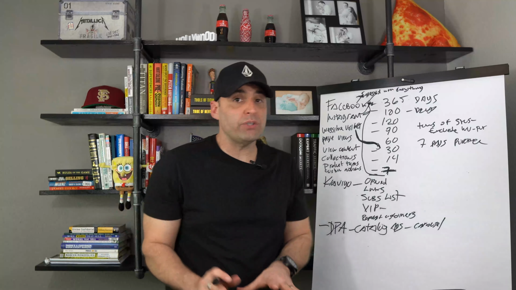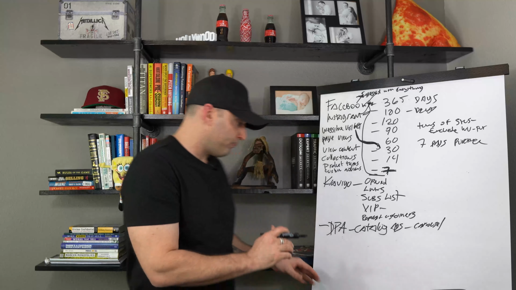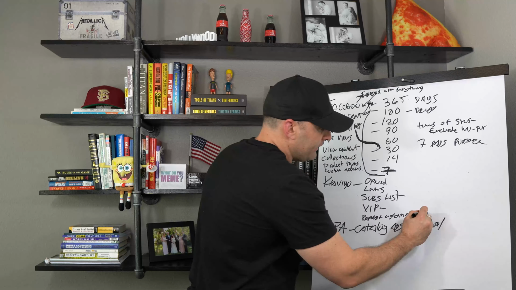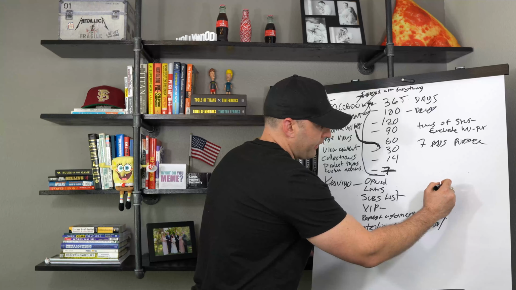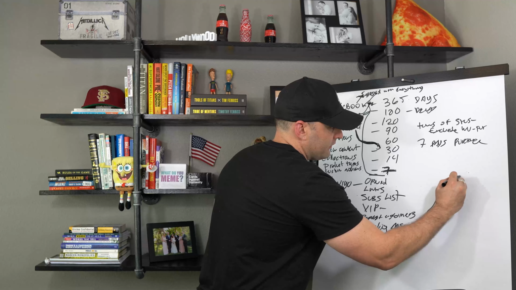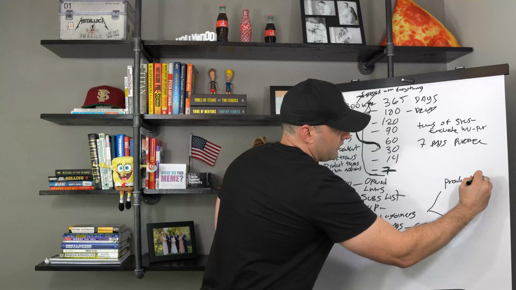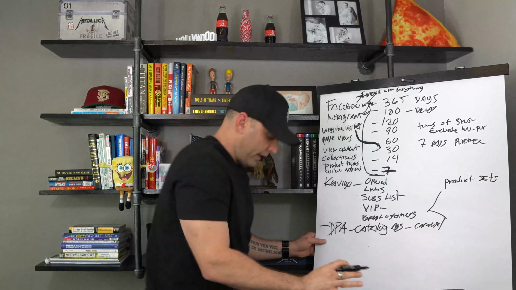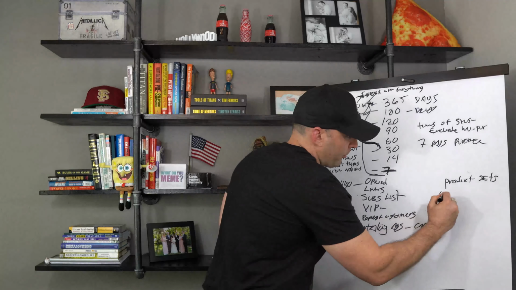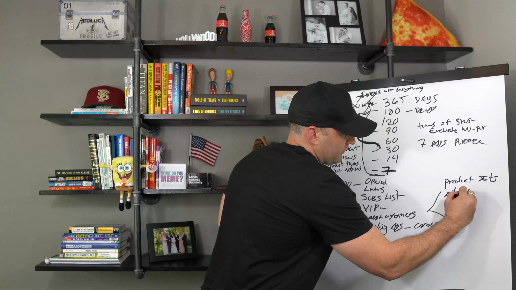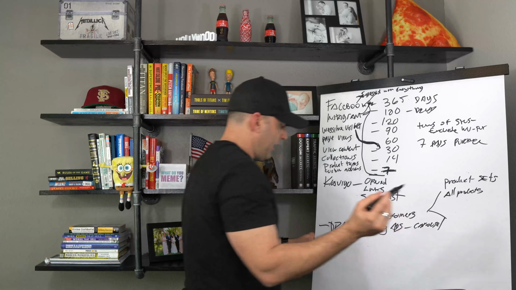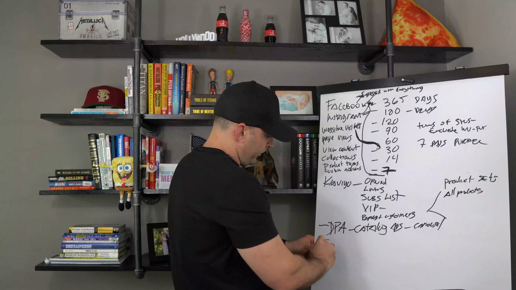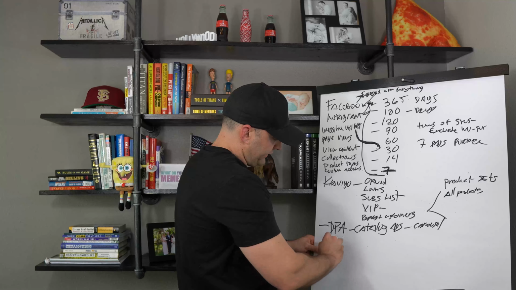Now, you can get fancy with your catalogs. Like for this specific sale, I actually did specific product sets. Right? And then I did all products. And depending on your traffic, once again, you're going to do 30 days.